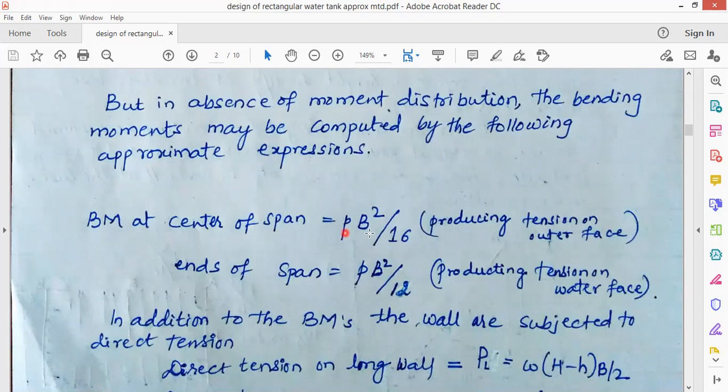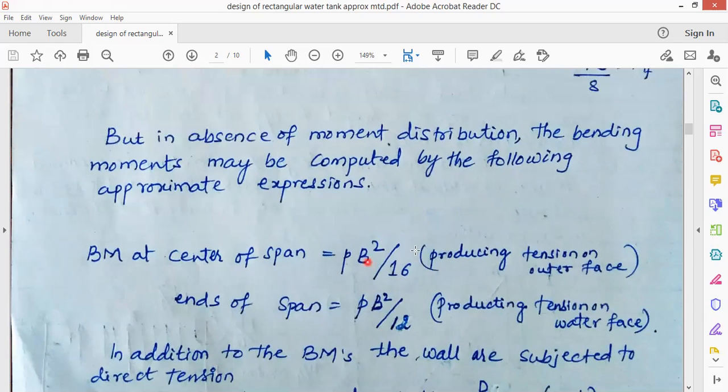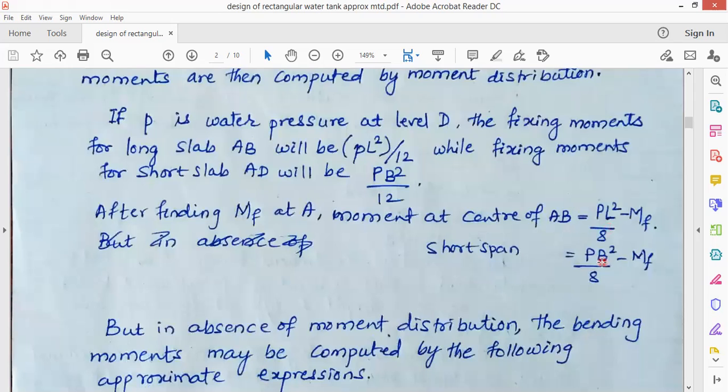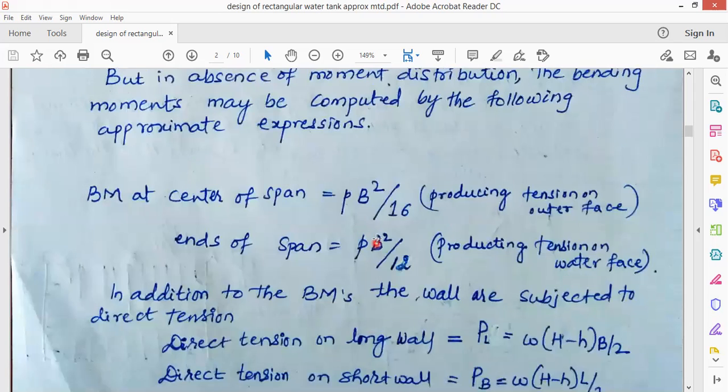So here is the central span moment. What I obtain here is PB square by 16 for the center and PB square by 12 for the end span, and similarly for the long wall also I can obtain this. Already I have PL square by 12, so I can obtain PL square by 16 for the center.